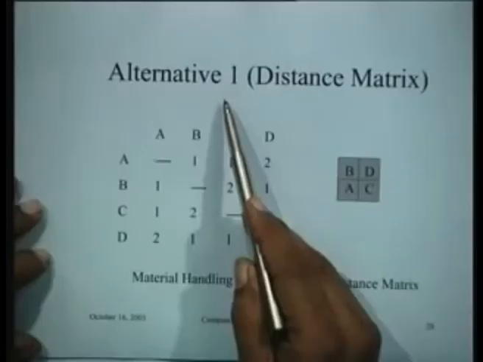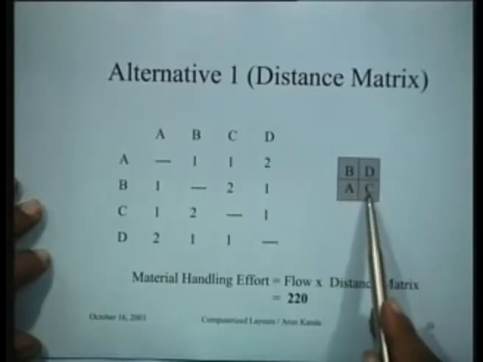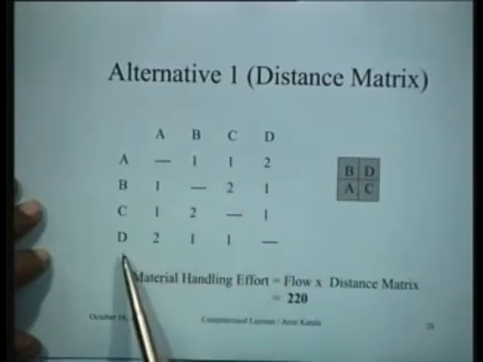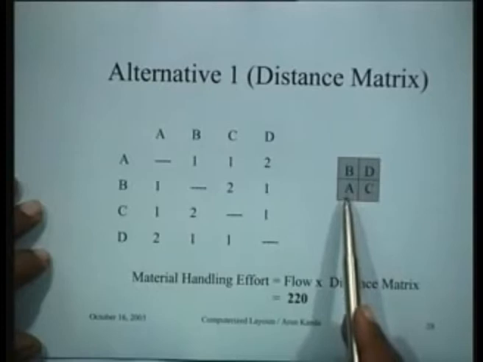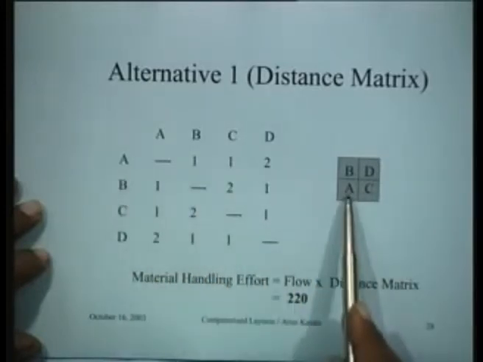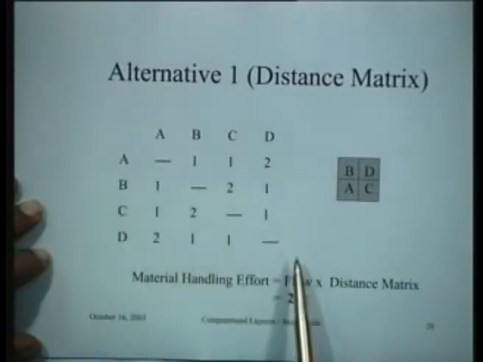For alternative 1, that means if we change the layout to B, D, A, C, the distance matrix will now look like this. The distance matrix has changed because the distance from A to B, A to C is 1, but A to D is now 2. Similarly, other distances are as shown in this particular matrix.